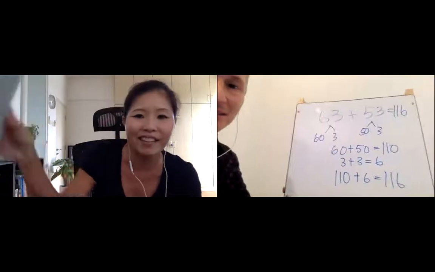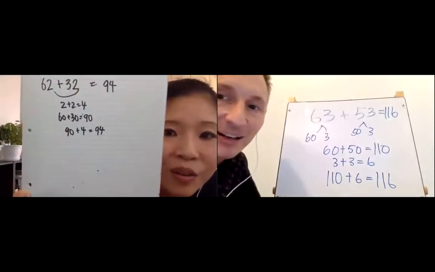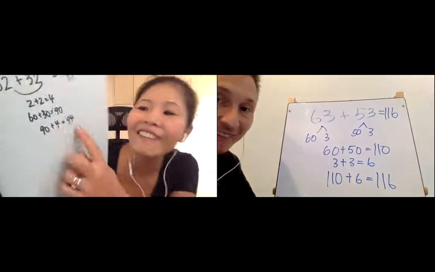You're fast, Ms. Yuka. I hope we both do our addition correctly. Okay. All right. What did you get for your total? Ready? 3, 2, 1. What did you get? Oh, I got 116. I have 94.